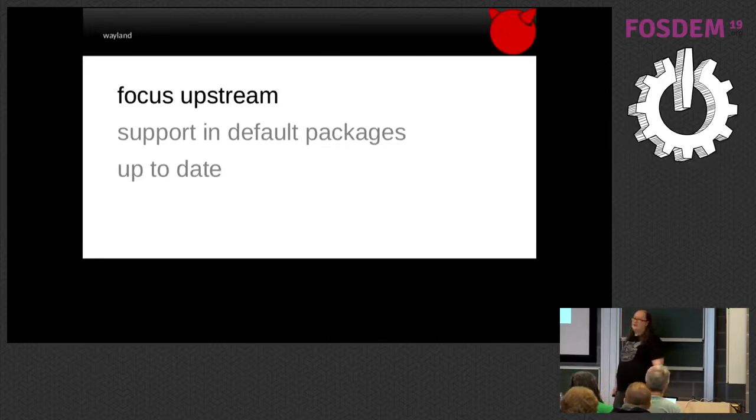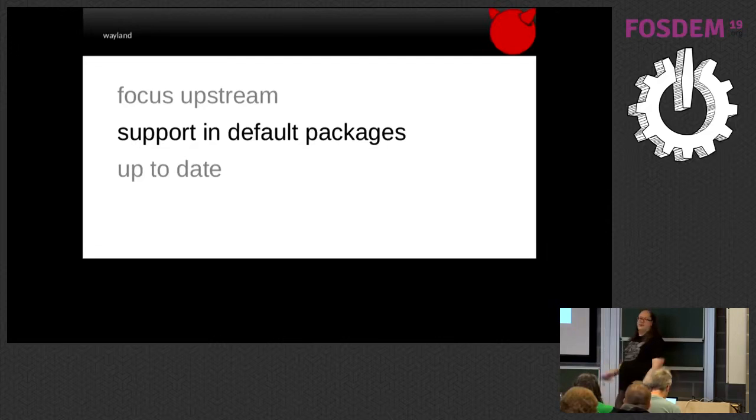FreeBSD recently gained support in the default package build for Wayland, and this means that everything in the ports tree and the package system is built with Wayland support enabled by default.